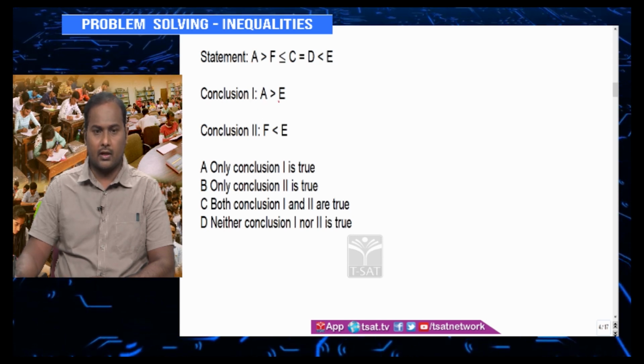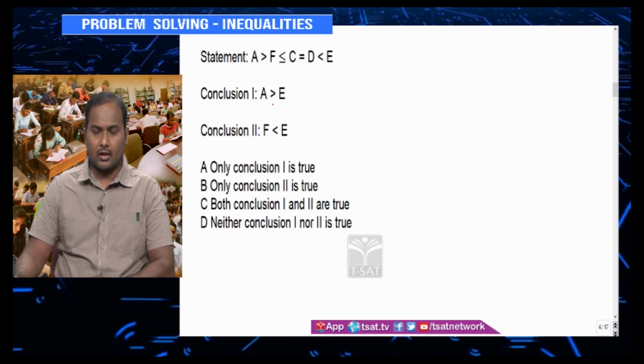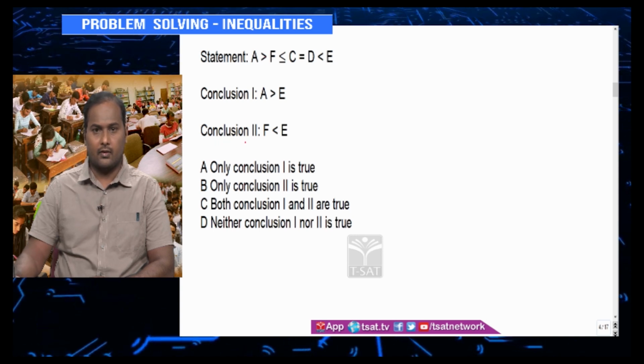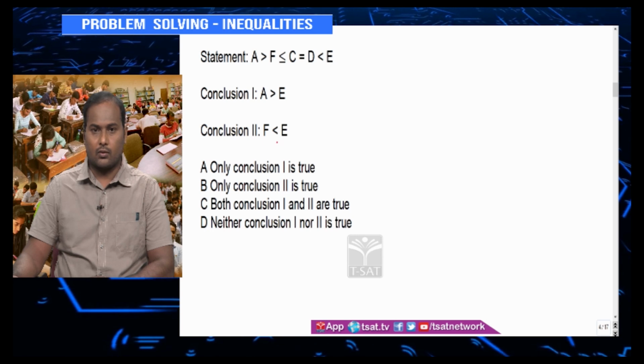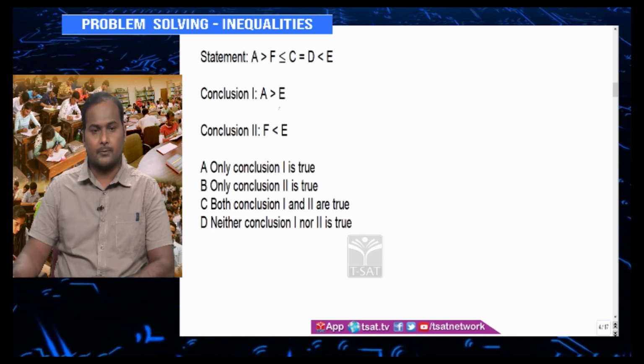Conclusion 1 says A greater than E. We need to find out whether this conclusion is correct or not from the given statement. In the same way, conclusion 2, F is less than E, whether this conclusion follows or not, we have to see from the given statement.